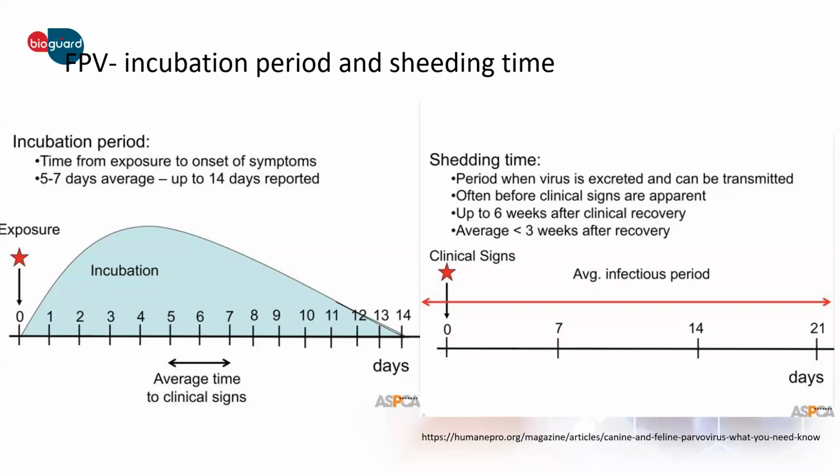Like we just mentioned in the very beginning, in one study they found that 6 weeks after the FPV infection, they could still detect the FPV from the feces. But on average, the shedding is shorter than 3 weeks.